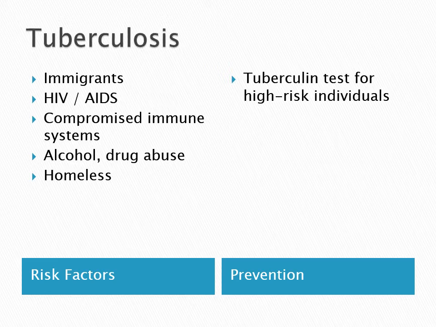So those listed on the slide, anybody with medical risk factors, medically underserved individuals, also residents of long-term care facilities. Most places will automatically, when you are admitted into a rehab or a long-term care facility, do a two-step tuberculin test for all individuals to rule out that there's no active form.